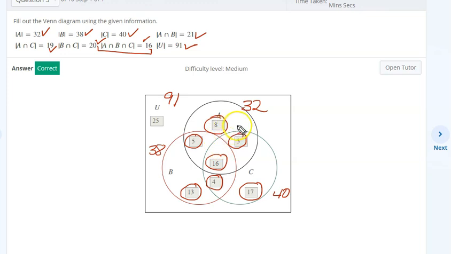And now when we add all of this up inside the circles and subtract it from 91, we get 25. Now again, I'm not showing all the detail, but we're going over a strategy of putting where all 3 intersect and then using the cardinal numbers to get these others.